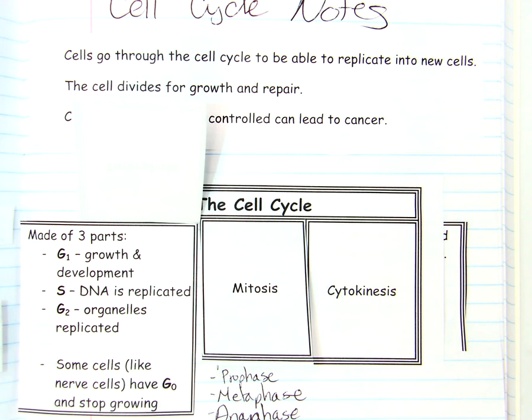S stands for synthesis. The cell is making new DNA. Then in part 3, G2, all of the different organelles are being replicated. So there's enough to go into 2 new cells.